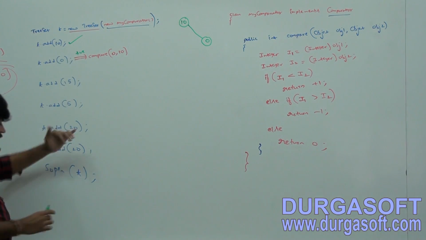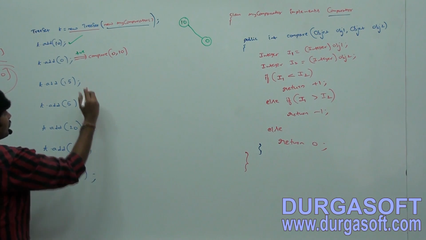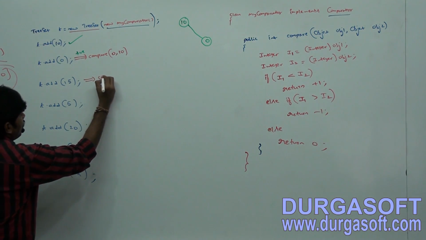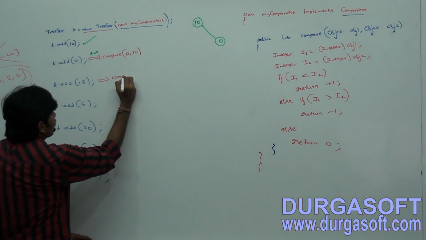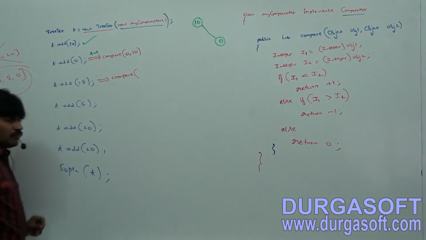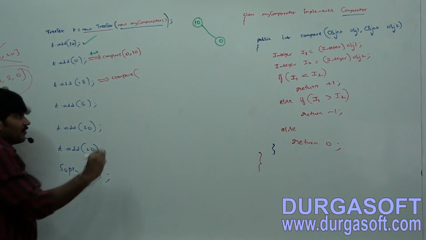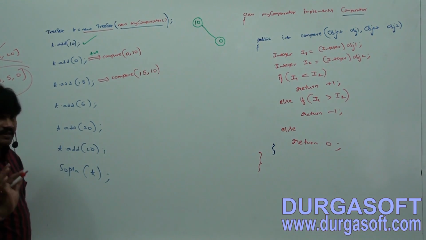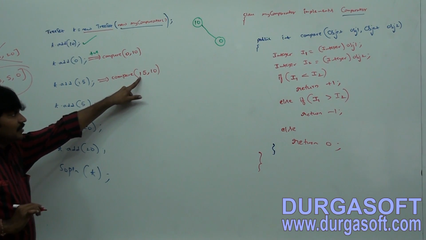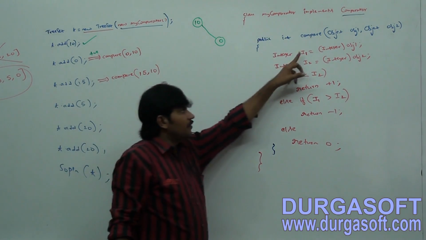Okay, now next one here, see. Compare of here, one minute. Yes, compare of which element we are trying to insert? 15. What is the root element? 10. 15, 10. So now observe. I1 is 15.